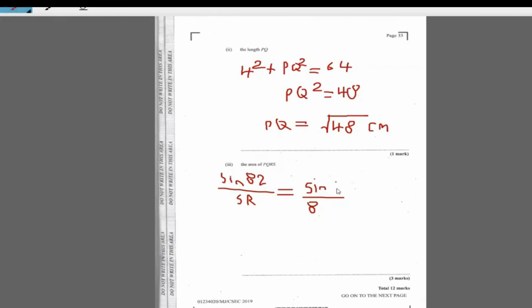So continuing now, I'm going to transpose to get SR. Working for SR, all of this is going to be sine 68 over 8. Sine 68 over 8 is 0.115. And so making SR the subject, SR is going to be equal to sine 82 over 0.115.